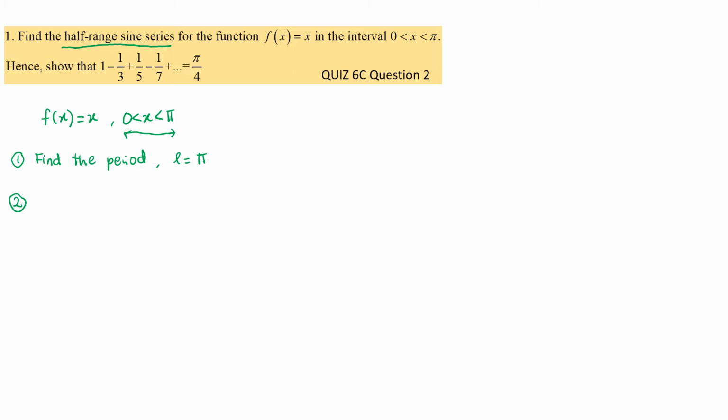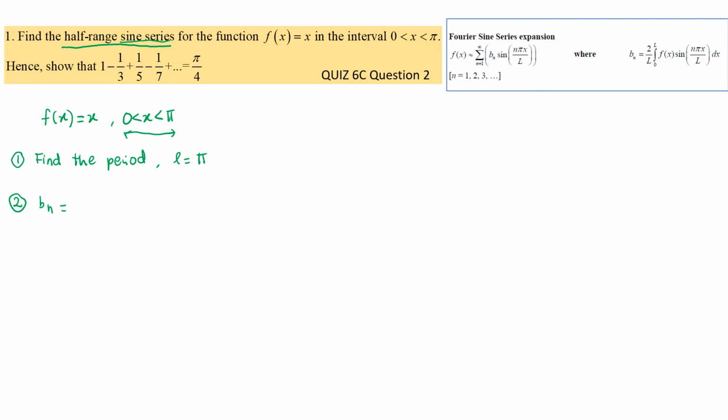Another hint that we have here is to find the half-range sine series, so we just need to find the coefficient bn. Using the Fourier sine series expansion, bn is equal to 2 over L times the integration from 0 up to L of f(x) sine n pi x over L, which is pi, dx.